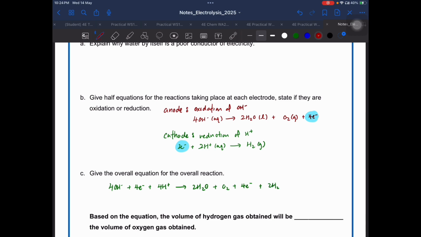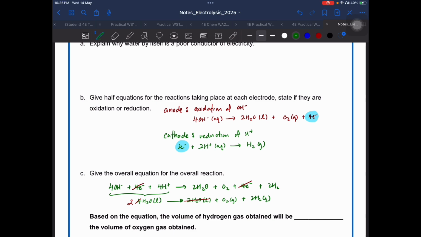Cancel out the electrons, since they are repeated, and combine everything together, and you will realize that you started off with 4 H2O in liquid, it became 2 H2O in liquid, O2 gas, and 2H2 gas. But it's weird to have water appearing on the left and right hand side, so we can also cancel out the water, 2 sets here and 2 sets over here.